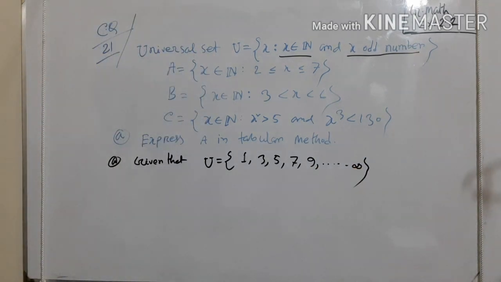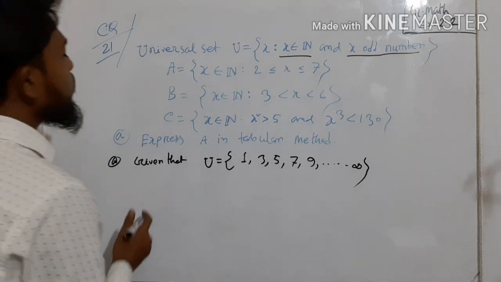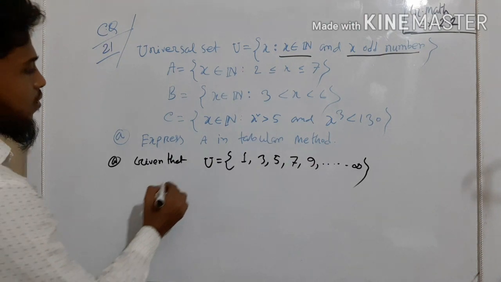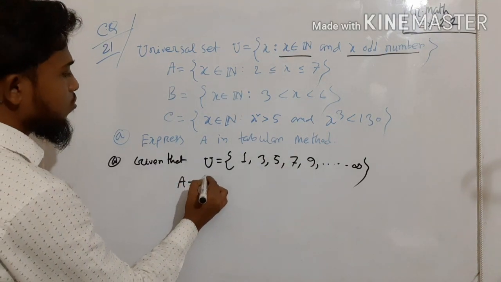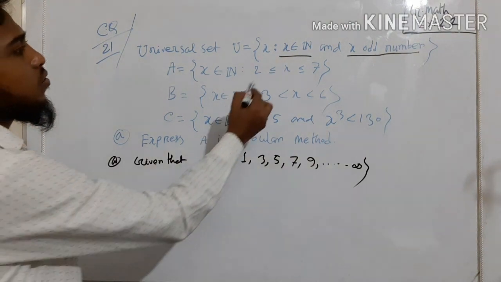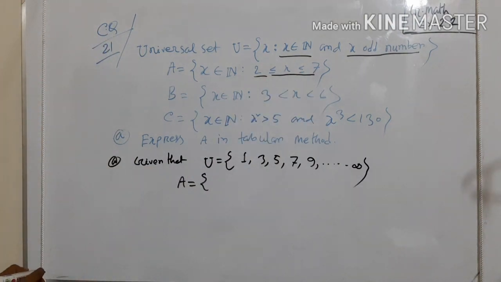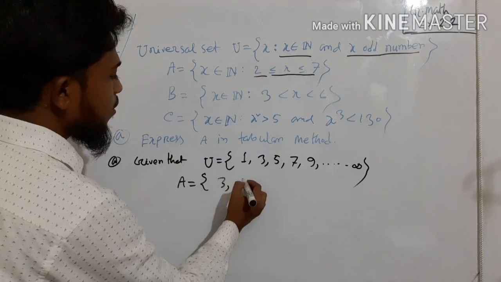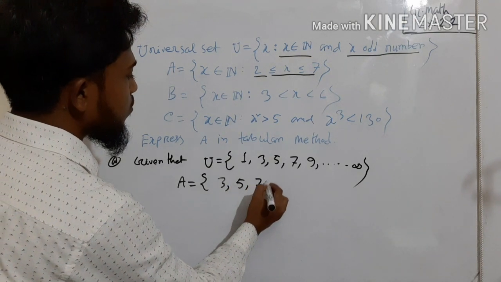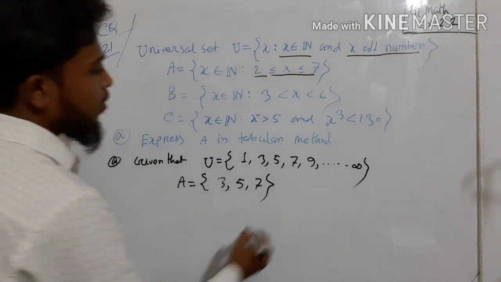So as per this, we can write A equal to, here 2 ≤ x ≤ 7, so 3, 5, 7. This is our answer.